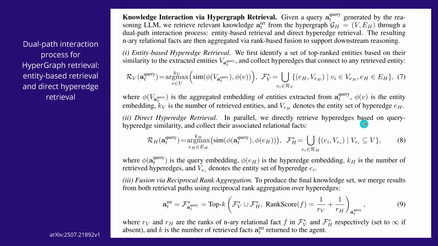Directly retrieve the hyperedges based on the query-hyperedge similarity. More about this in a minute. And collect their associated relational facts. You just have a lot more information if you compare this to a single node representation and a single multidimensional edge representation. And then you fuse everything back together via a reciprocal rank aggregation.